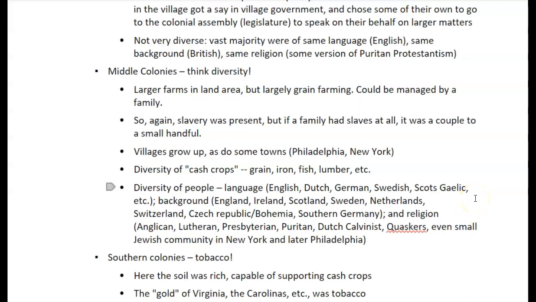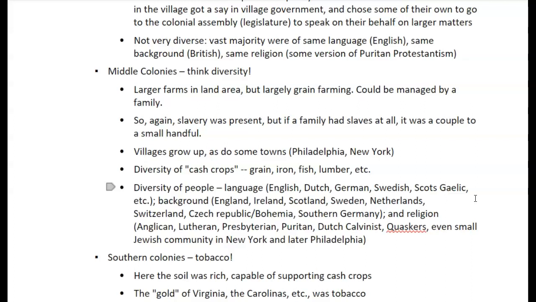When you hear middle colonies, think diversity. The farms in the middle colonies, that is, New York, New Jersey, Pennsylvania, were somewhat larger in land area. So in New England, you had a few acres, but in Pennsylvania, you might have a couple of dozen acres.